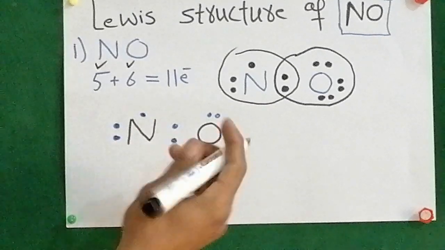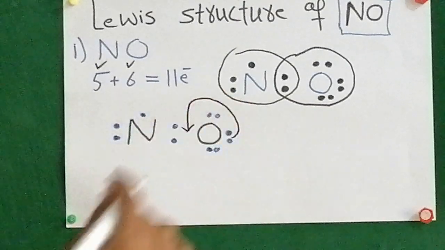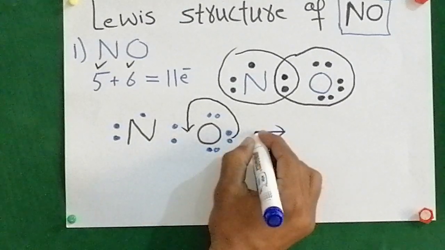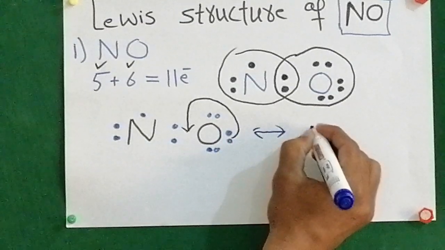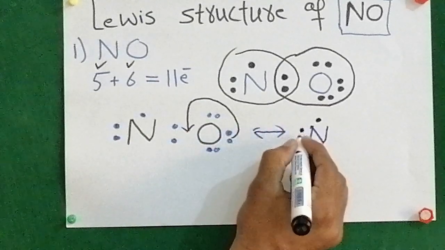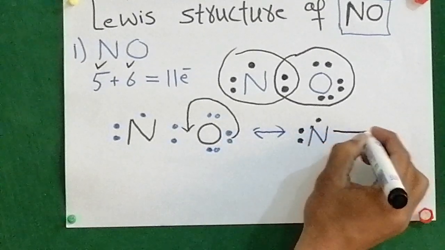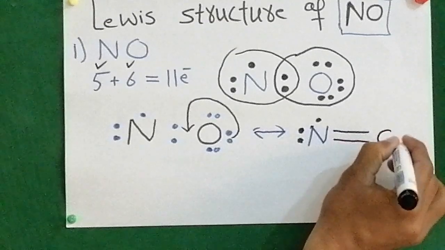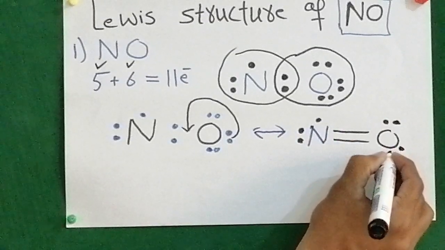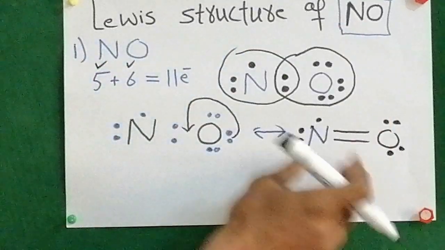And if I transfer this pair of electrons here, then it will become like this: nitrogen with here 1 dot, here 2 dots, which represents a double bond, and oxygen with 2 pairs of electrons available. So students, this is the Lewis structure of nitrogen oxide.